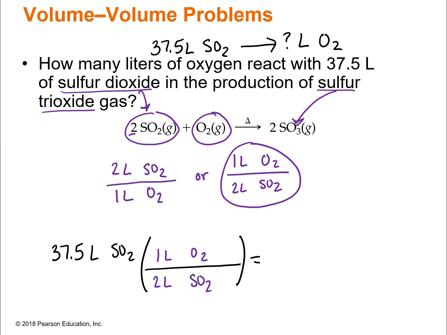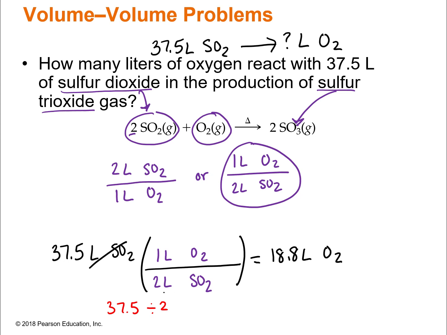When you're putting this into your calculator, what you're doing is taking 37.5 and dividing it by 2. With sig figs, you get 18.8 liters of O2.